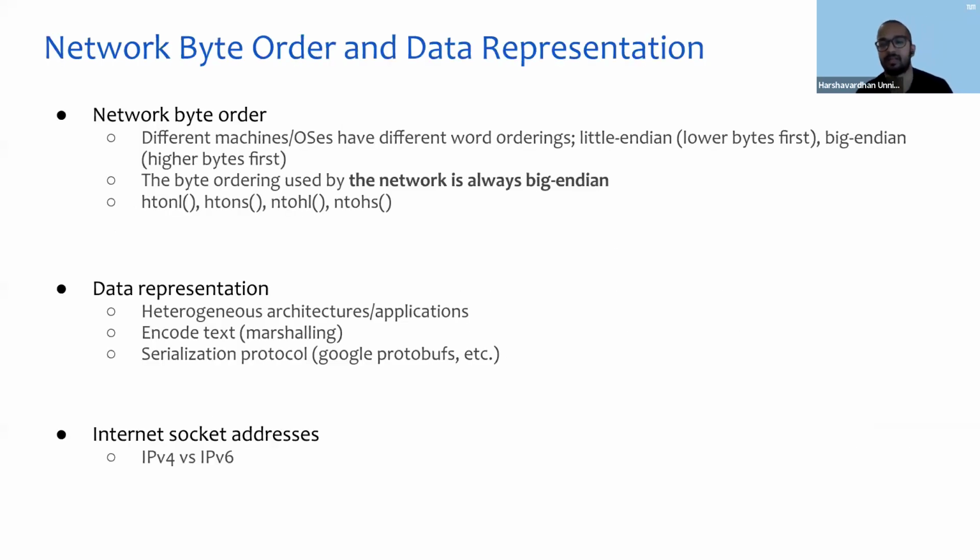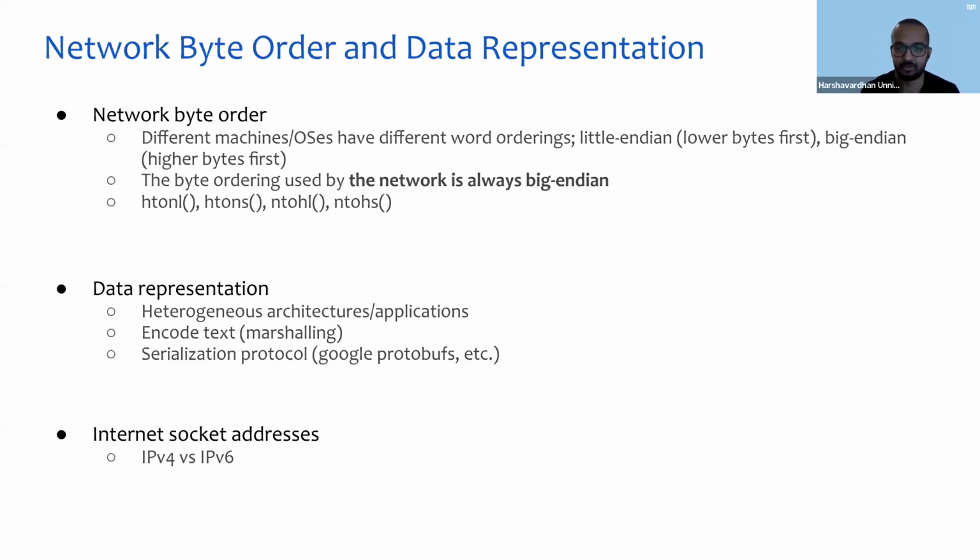Now, let's discuss the manner in which data is represented and carried over a networking medium. Different machines or OSs use different byte orderings. For example, they can use little endian ordering, which means that the lower bytes are in the first position, or big endian ordering, where the higher bytes are in the first position, and these machines may communicate with each other over the network.